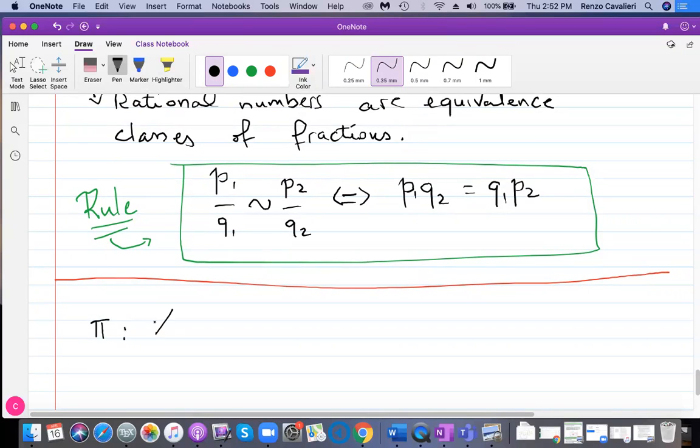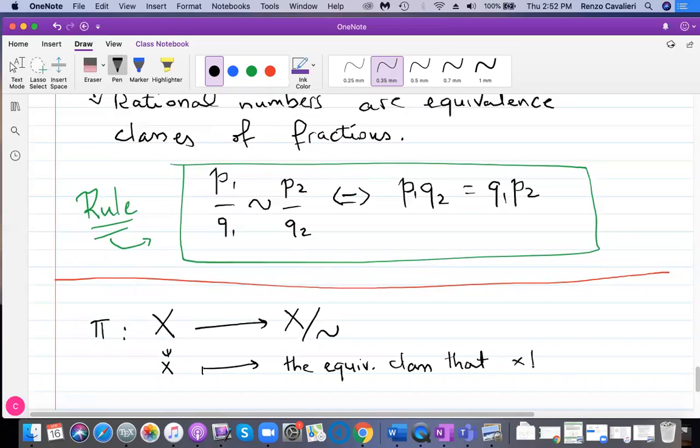If you have a set X with an equivalence relation, there's a natural function from X to the quotient set, and it is the function that assigns each element in X to the equivalence class that X belongs to. And the way to write this in short is it assigns X to square bracket X.